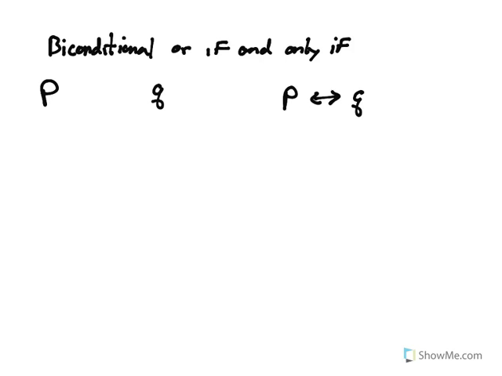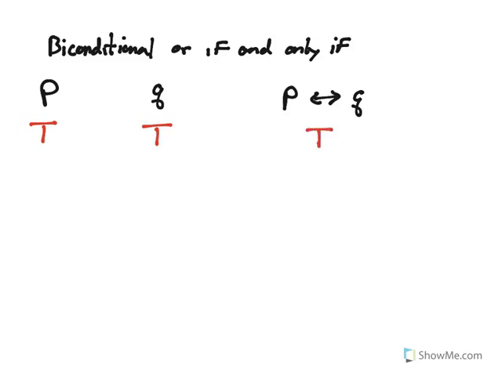Maybe think of some kind of mnemonic device to help your memory, because I know this can be a lot. The cool thing about a biconditional statement is that the only thing you have to remember is that it can only be true if both original propositions P and Q are true.